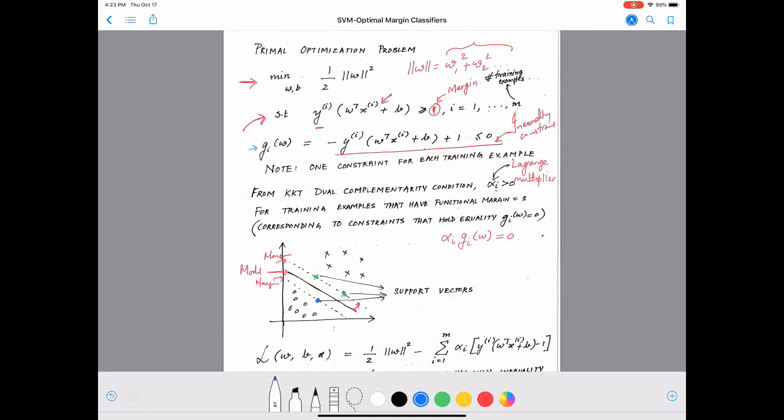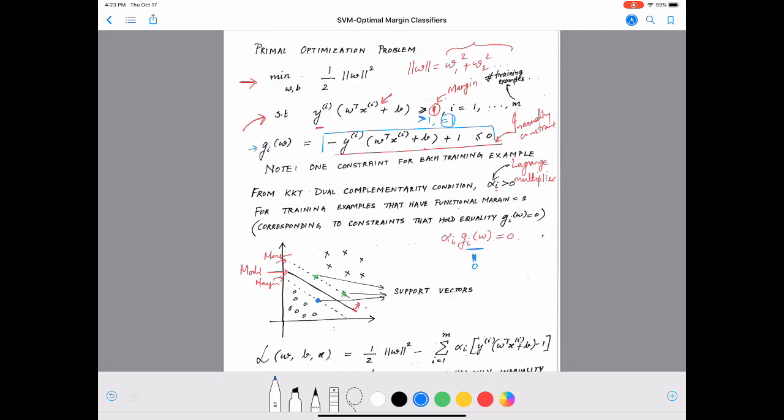There is greater than 1 and equal to 1, right? So all points that are equal to 1, or this constraint equal to 0, are the ones that are on the margin, the support vectors. So for those, gi of w is equal to 0.